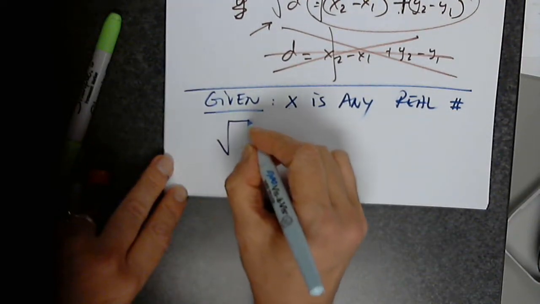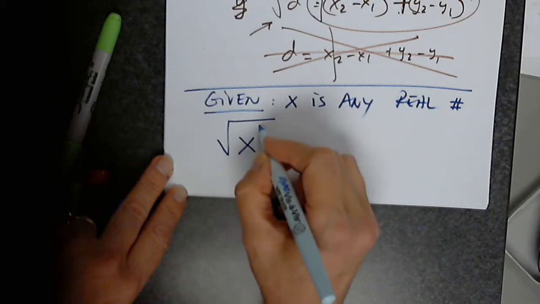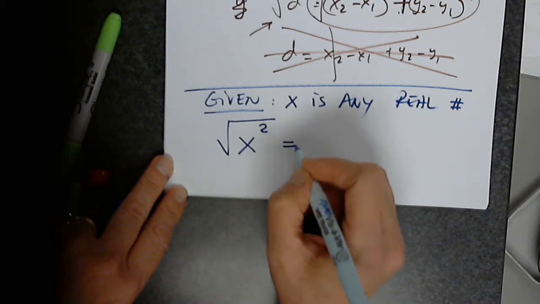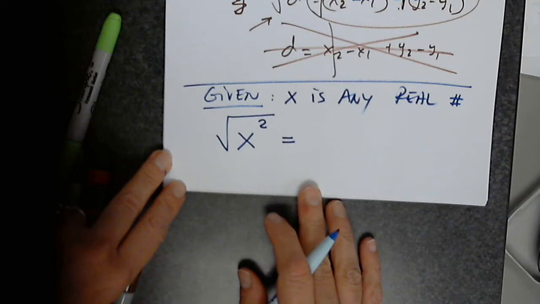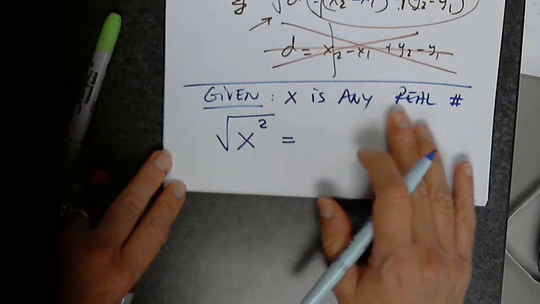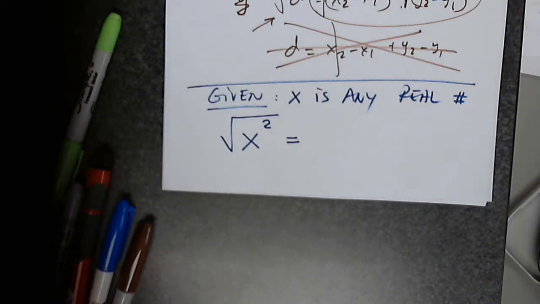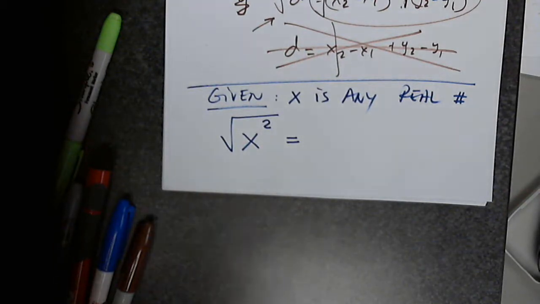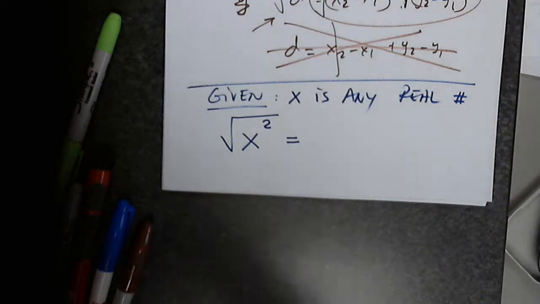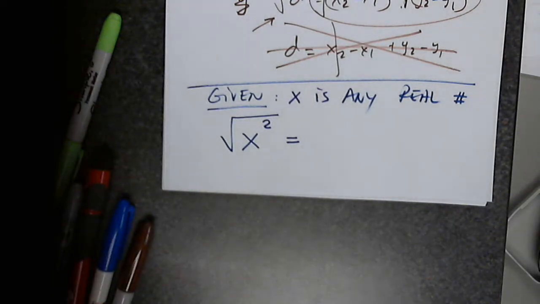I want to be able to identify what the square root of x squared equals. What do you think? So when I say x can be any real number, what are the possibilities on the real number line? Negative, 0, or positive. There is nothing else, right?